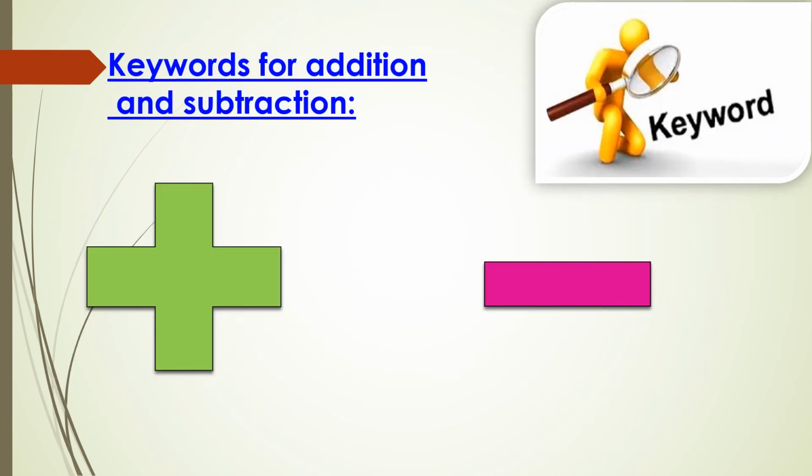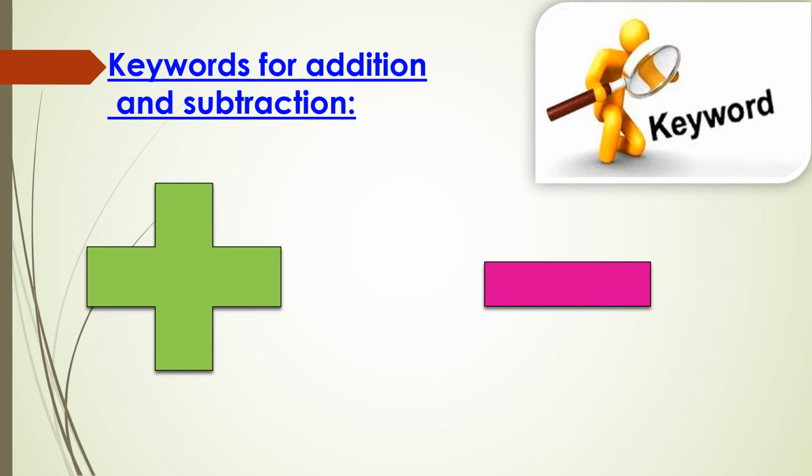We said before that while solving story problems, we have to underline the keyword. So what are keywords used for? We use keywords to help me decide whether the story problem is addition or subtraction. So we have to memorize addition keywords and subtraction keywords well.